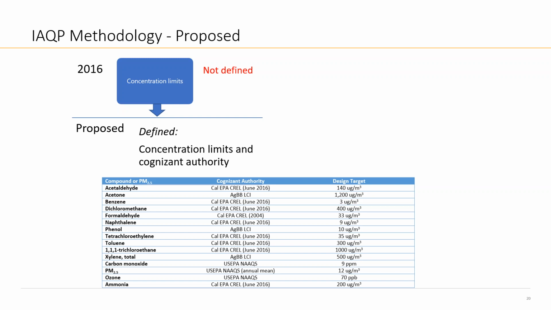These OSHA limits of 5,000 parts per million of CO2 are not meant for students or office workers. These are industrial limits. ASHRAE does not set a limit and does not reference a limit. I also encourage you to look at the research from the Harvard School of Public Health that links CO2 and productivity.